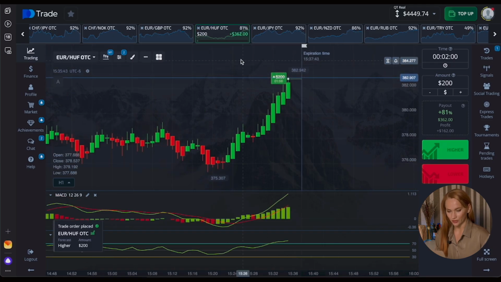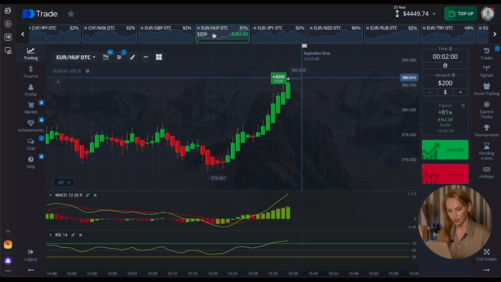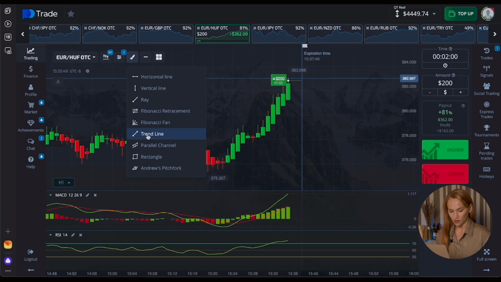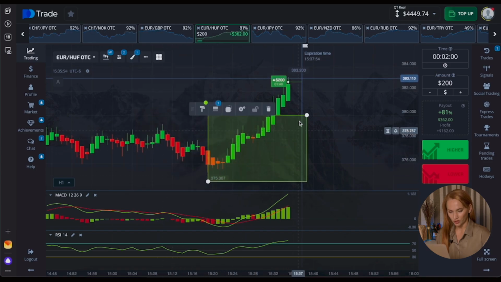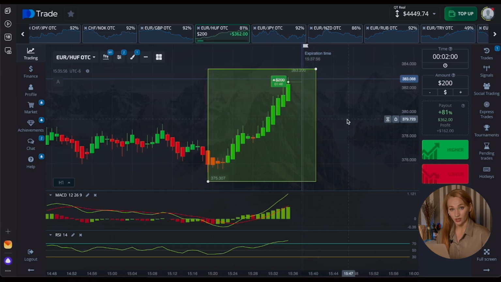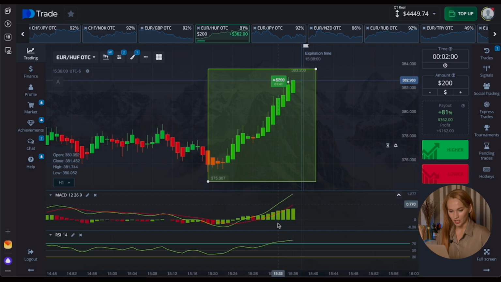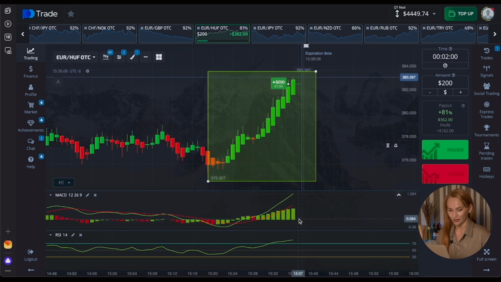It's a currency pair Euro HUF. I'm going to show you the zone that we're working with. It's an obvious uptrend. Both of the indicators are confirming this. We can see the very strong uptrend.